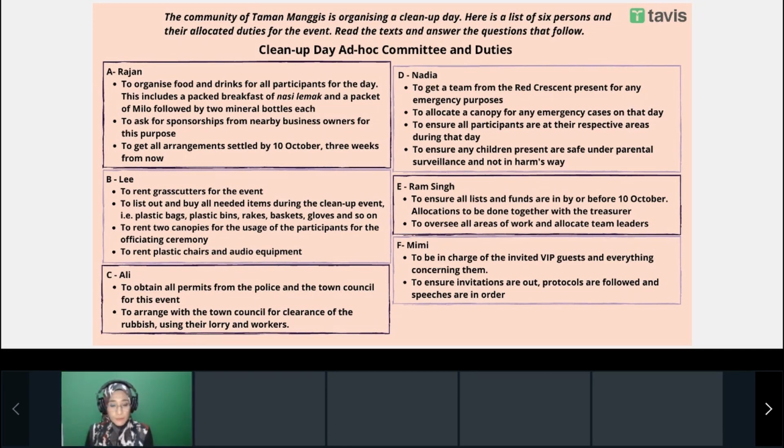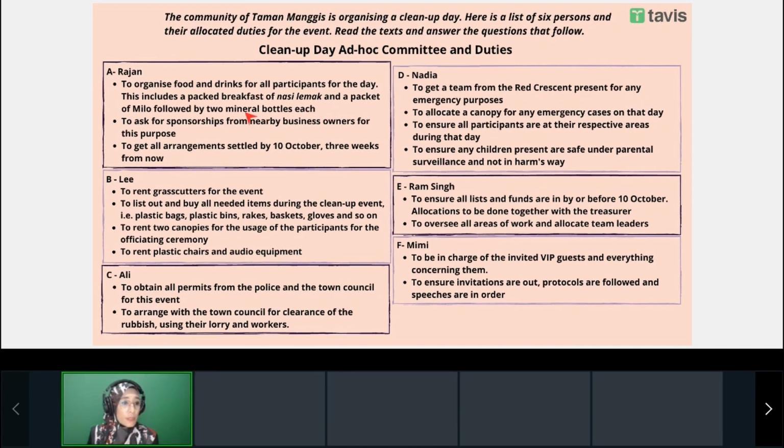Okay, let's see. Now, A is organizing food and drinks for all participants. And what does it include? A packed breakfast of nasi lemak, and a packet of Milo, followed by 2 mineral bottles each.